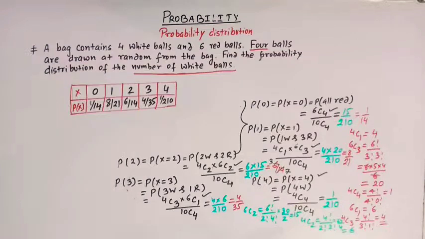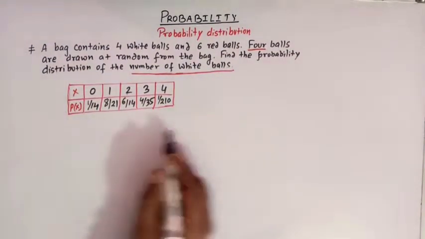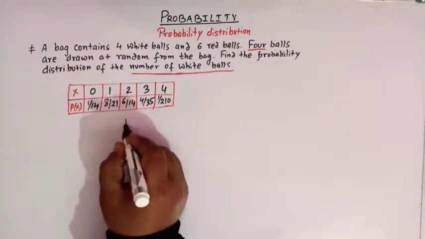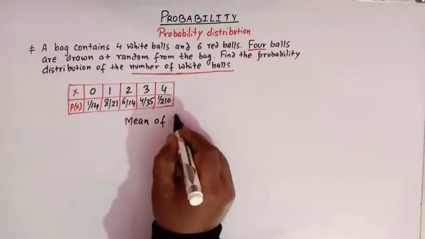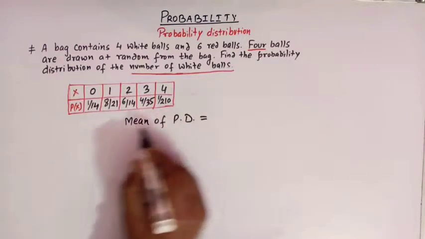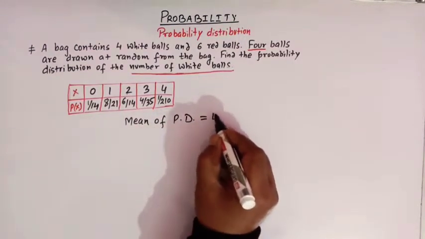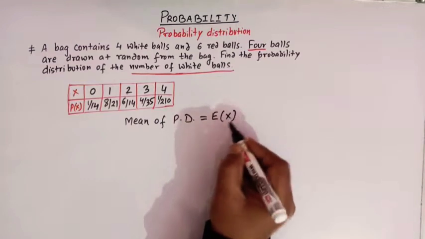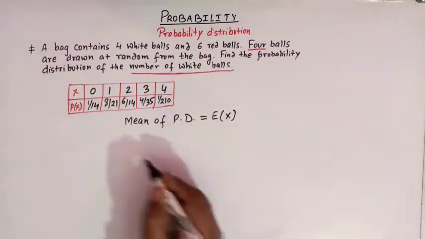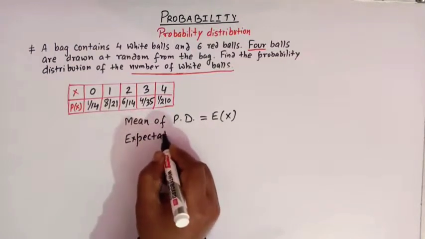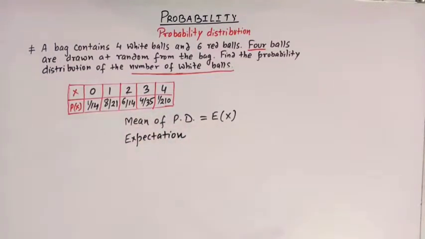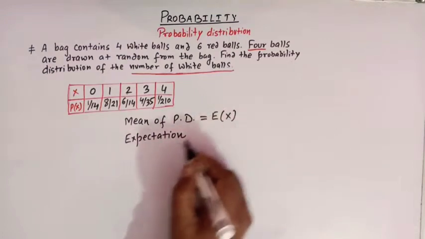So now viewers, let us find out the mean of this probability distribution, right? So the mean of probability distribution is denoted by E of x. Here E denotes the expectation value of the random variable, right? Or this is also known as the mathematical expectation of x, right?